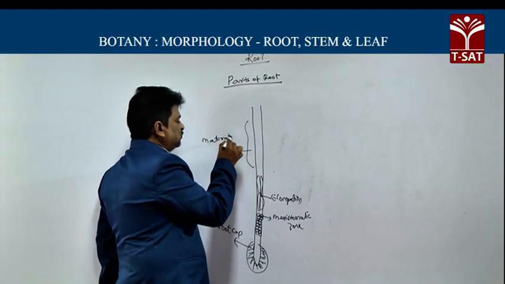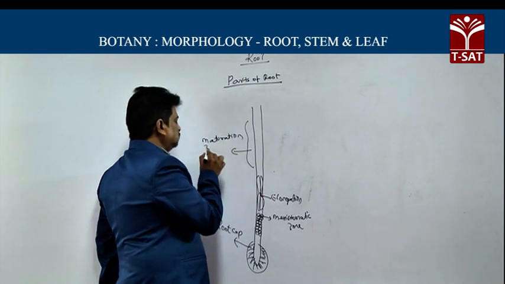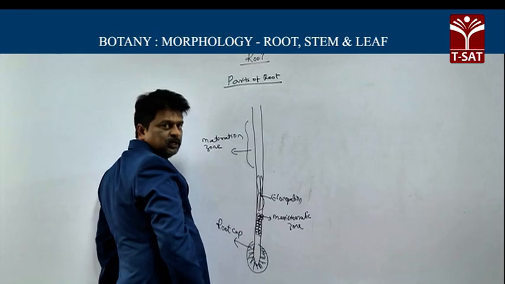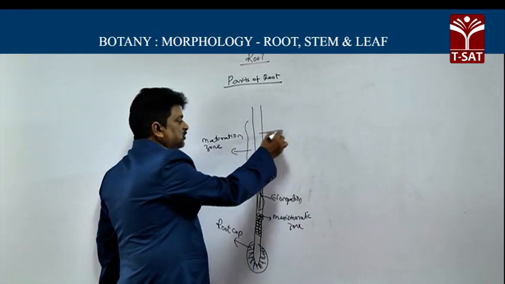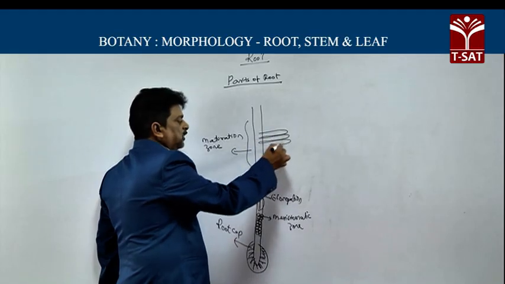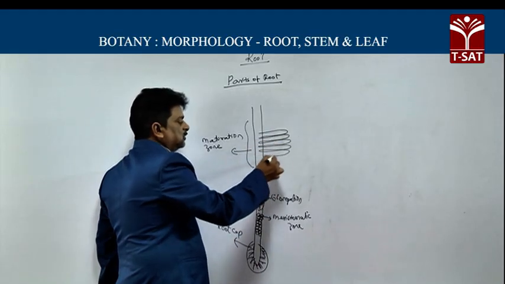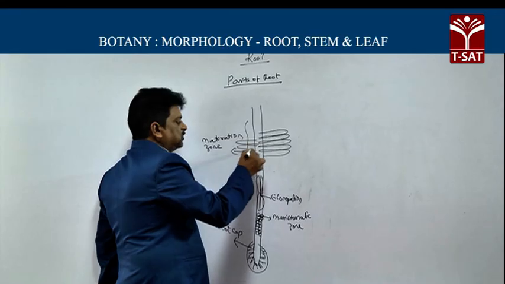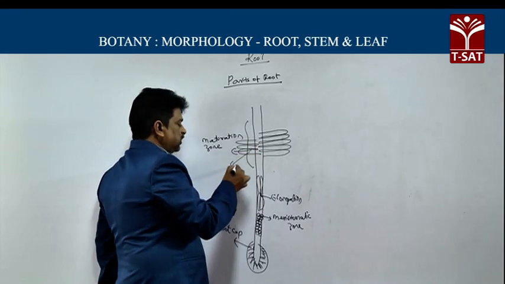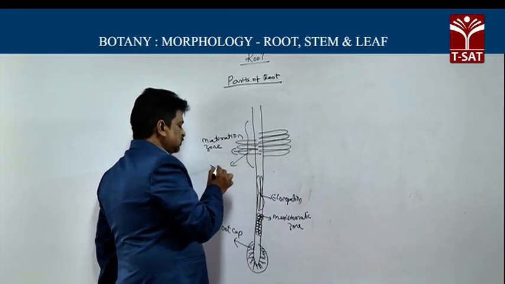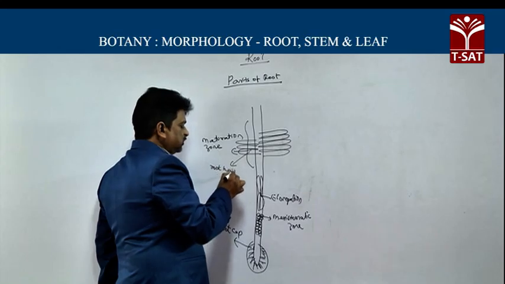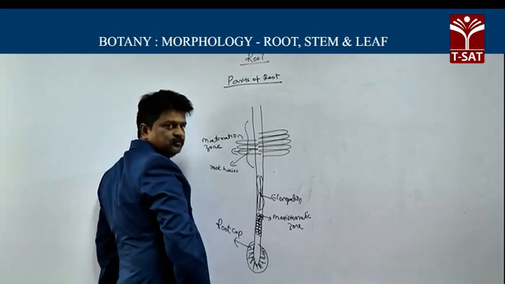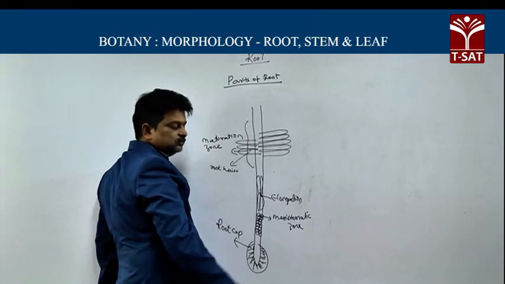In the maturation zone, cell differentiation takes place and plant parts are formed. Within the maturation zone, epidermal cells give unicellular outgrowths. Such unicellular outgrowths are called root hairs. Function of root hairs: they absorb capillary water by osmosis.